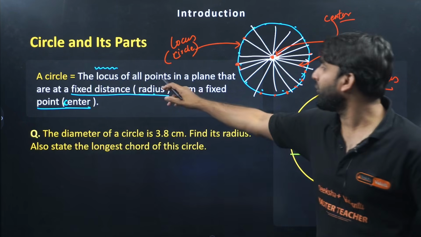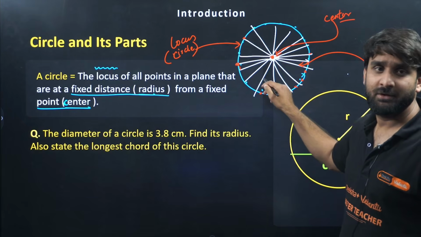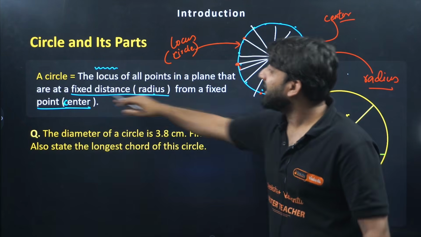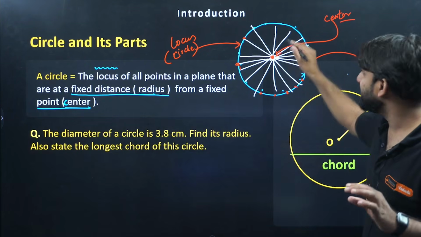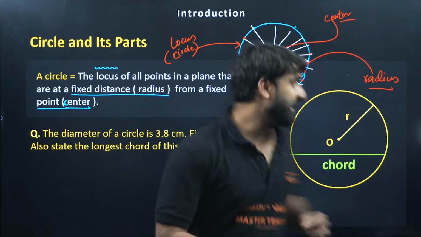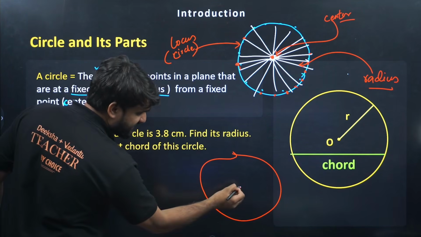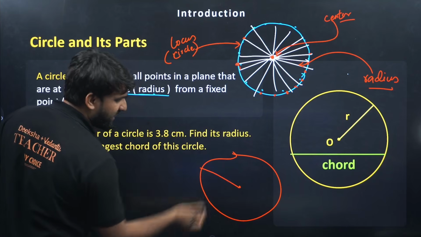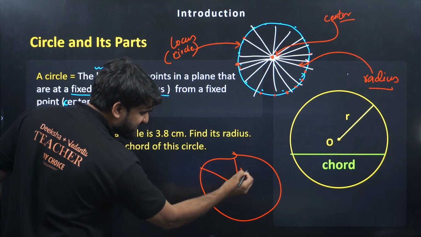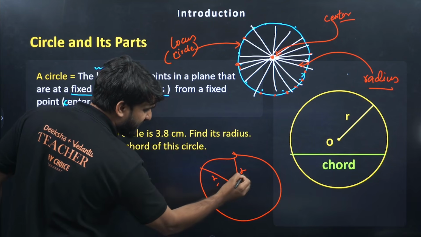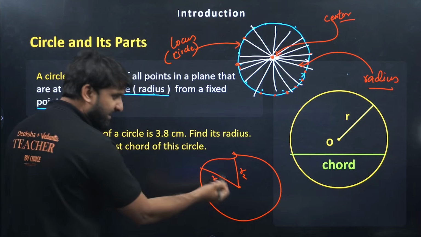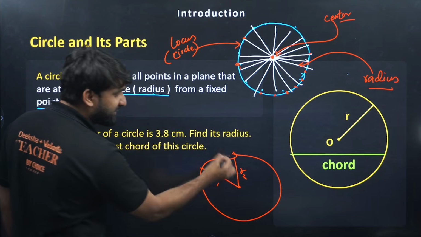The locus of all points in a plane that are at a fixed distance. Just imagine I have a locus of this form, and this is the fixed point. If we draw a line here and here, are both distances equal to each other, R1 and R2? No, R1 and R2 are not equal, so this is not a circle.